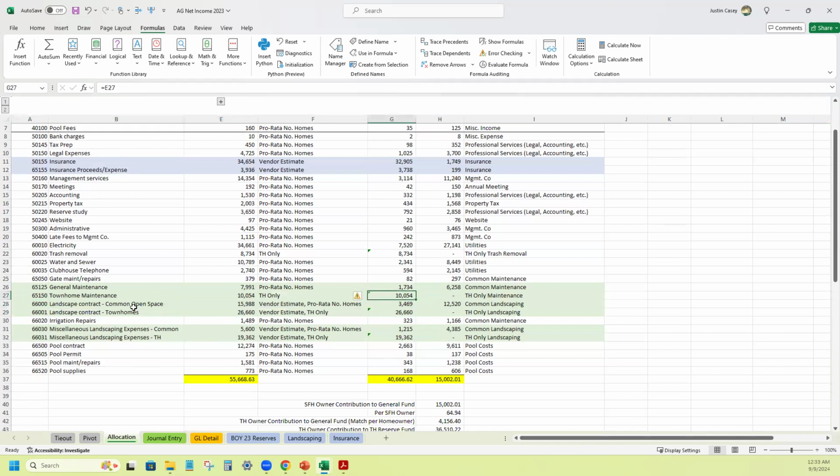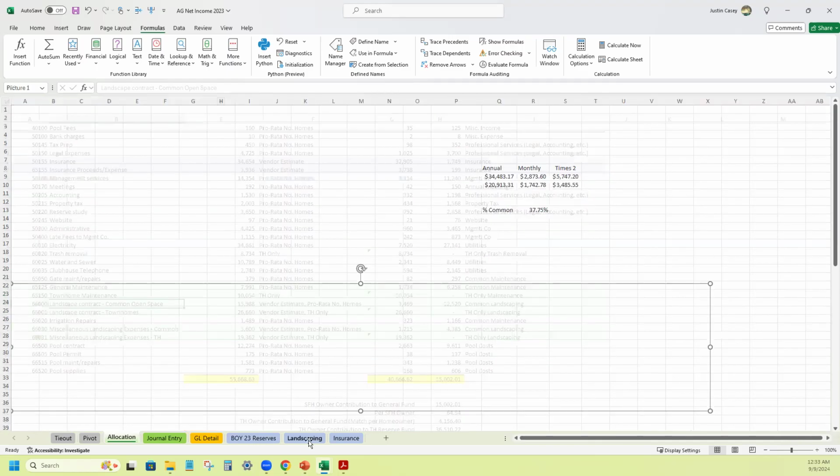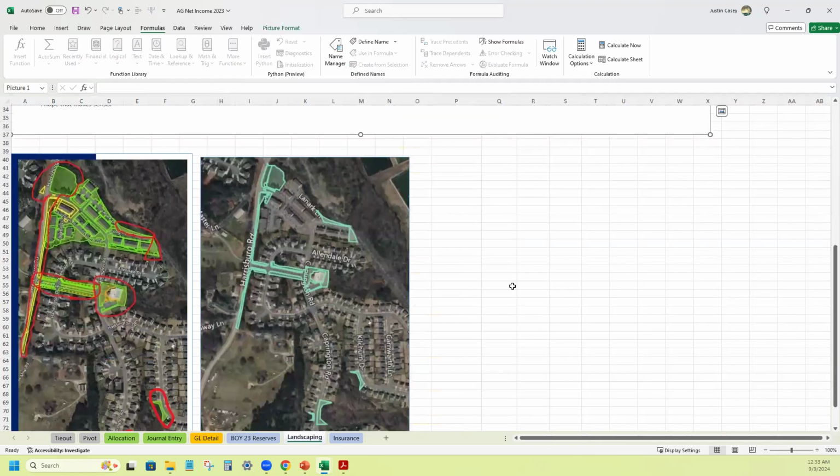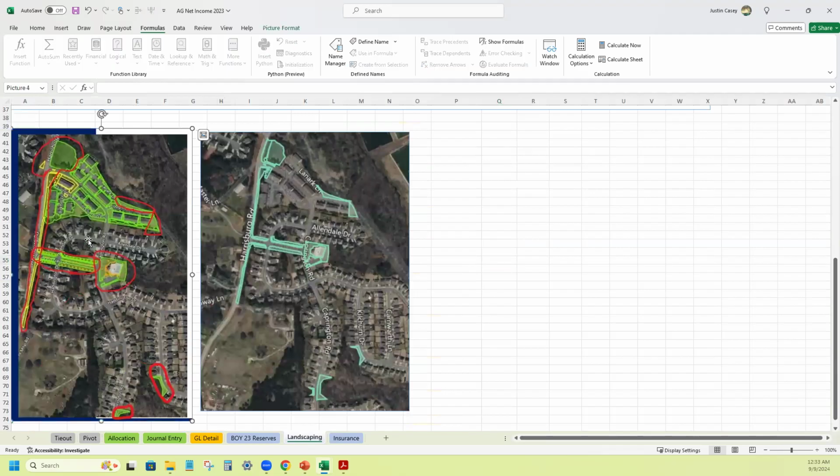As far as landscape contracts, we'll get into the landscaping next here. So the landscaping estimates that we were working on before are outdated. The landscaping estimates that we're working on now are more precise. If you watched hour mark 2 of the August 19th, 2024 video, we circled in MS Paint these areas together as a board that were common areas.